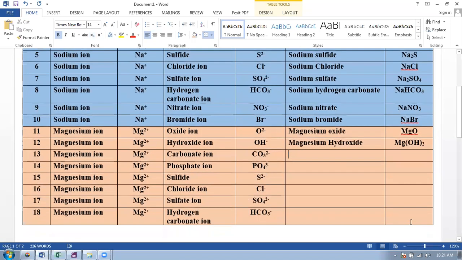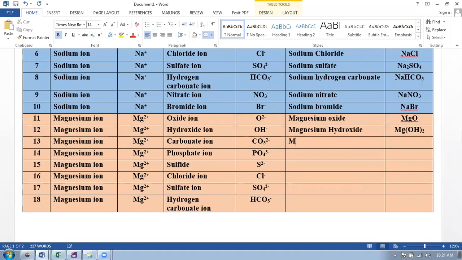Now magnesium carbonate. Look at magnesium carbonate. So it would be MgCO3. Look at this, 2 minus and 2 plus, they cancel each other. Magnesium phosphate now. Magnesium phosphate.